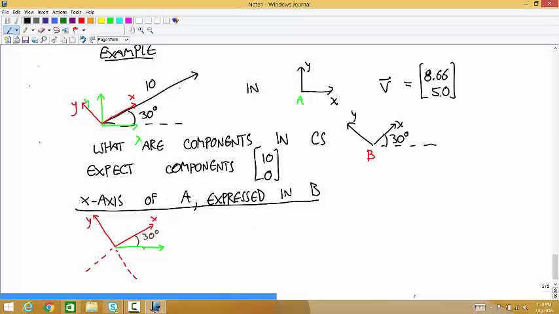It has a length of 1 because it's a coordinate system axis. So it's going to be 1 times the cosine of negative 30 degrees, sine of negative 30 degrees.